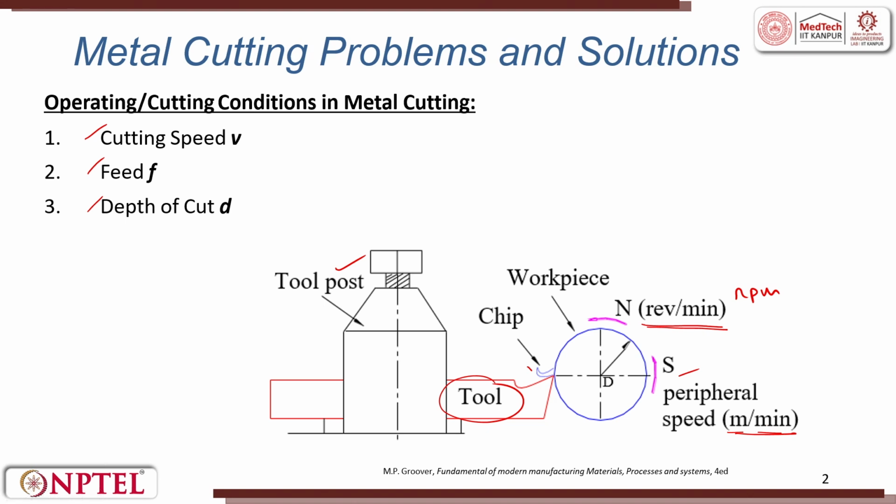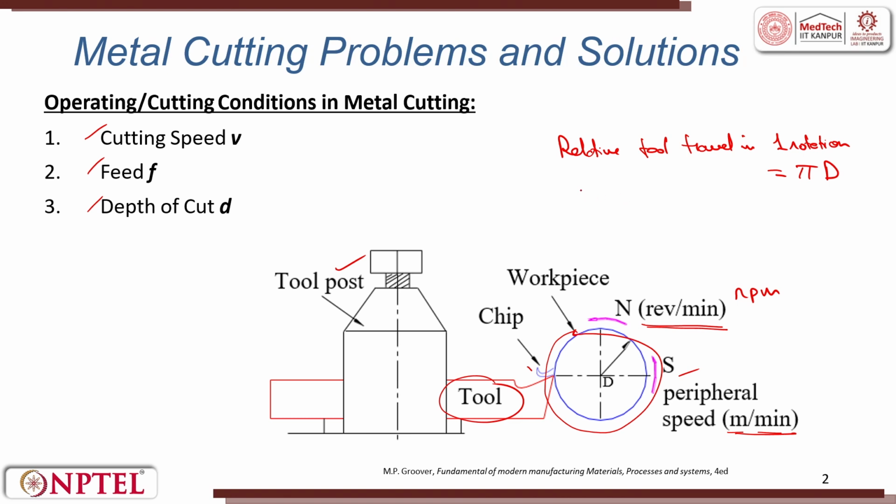Now, the relative tool travel in one rotation could also be put as pi into d, that is, the whole periphery of the workpiece is taken in one rotation, pi into d.